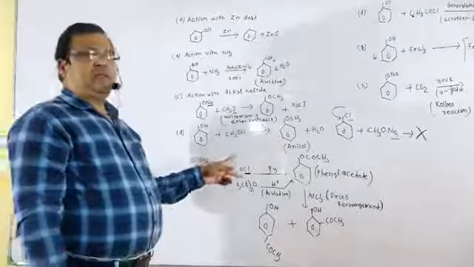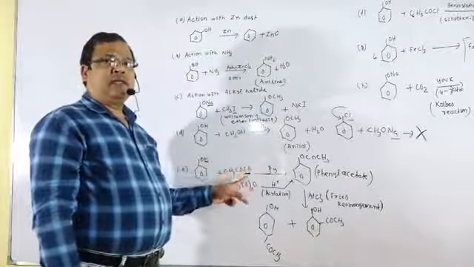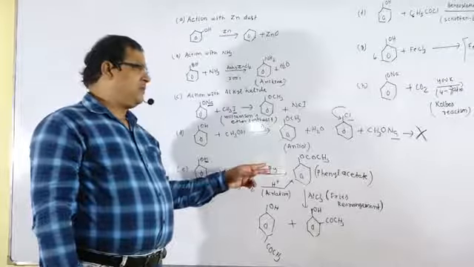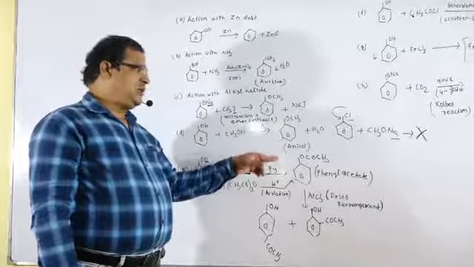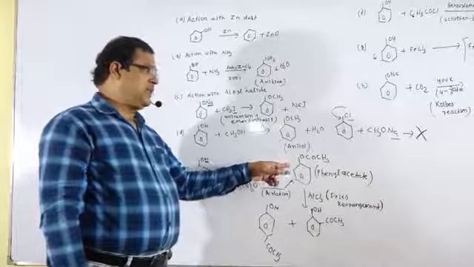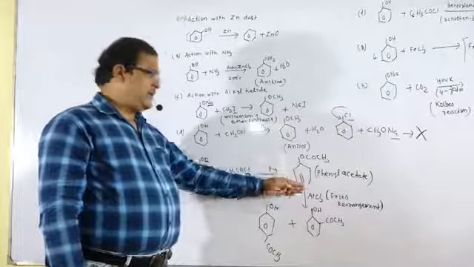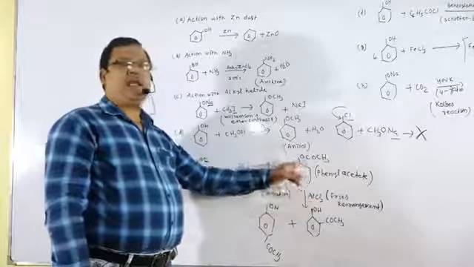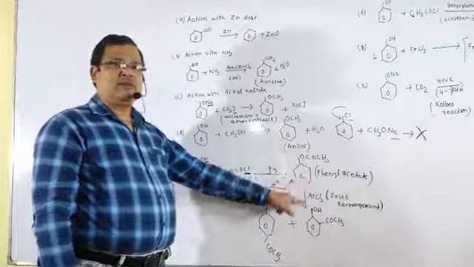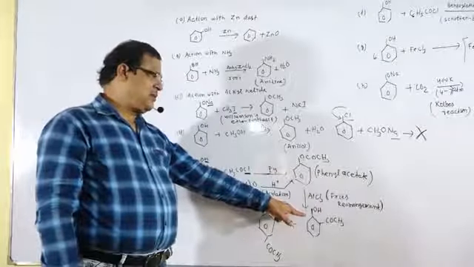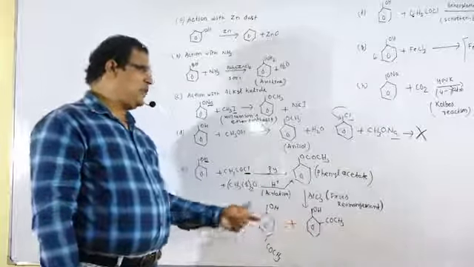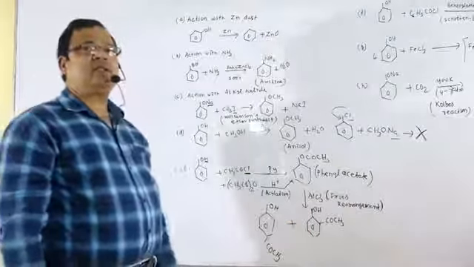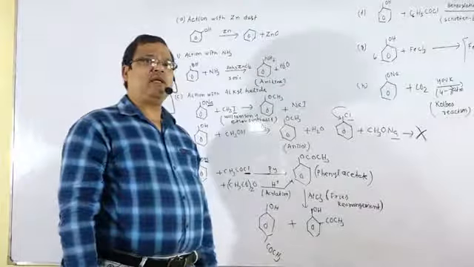Phenol with acid chloride or acetic anhydride gives phenyl acetate, and this is another part of this reaction. Phenyl acetate, whenever treated with AlCl3, gives orthohydroxy acetophenone or parahydroxy acetophenone, and that reaction is known as Fries rearrangement reaction.